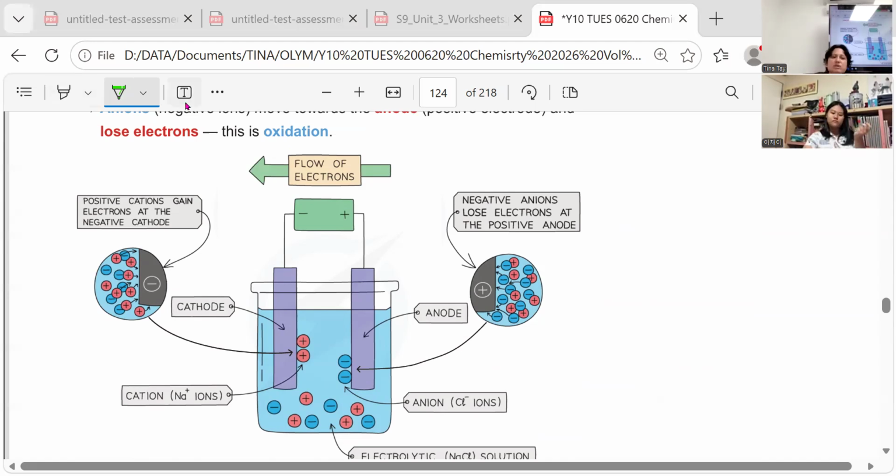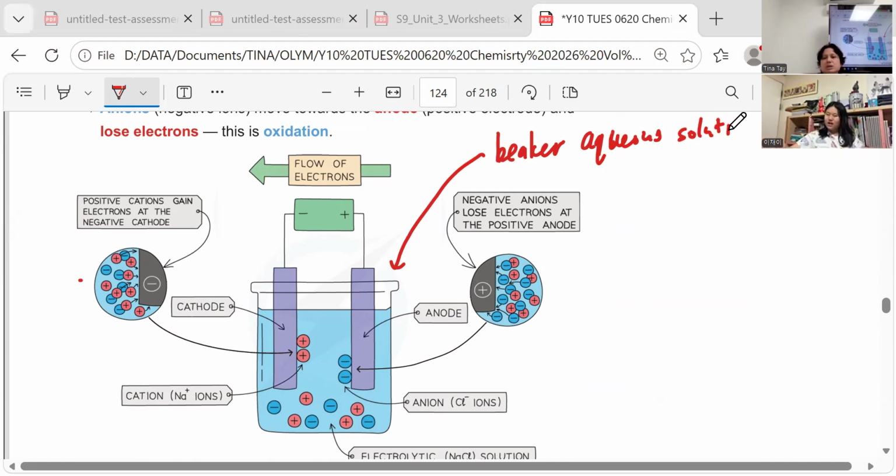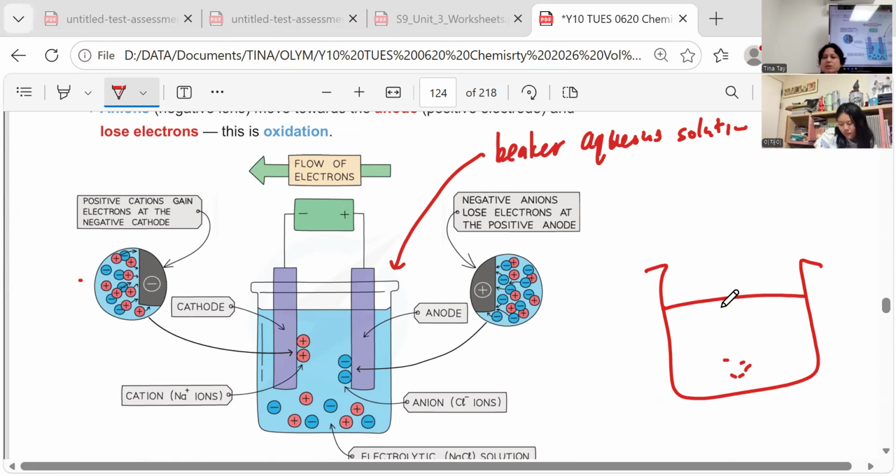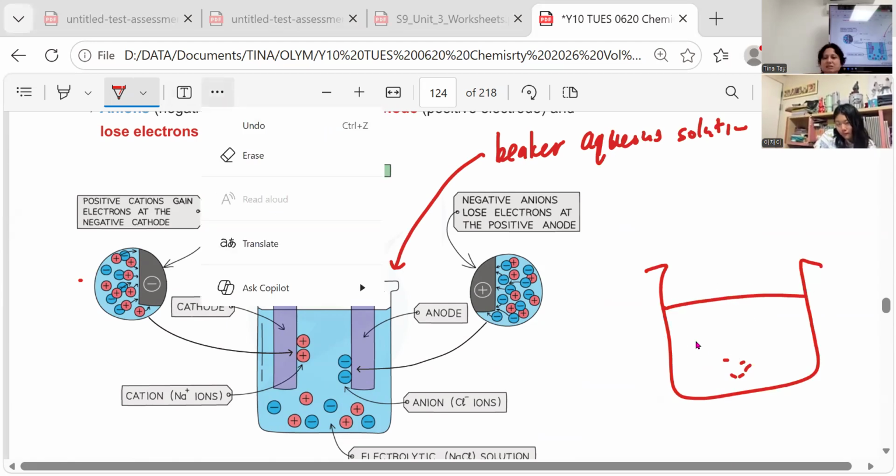Okay, now you notice this one is a beaker, because it's an aqueous solution. So all you do is you take the salt and then you add water. And then it will dissolve lah.